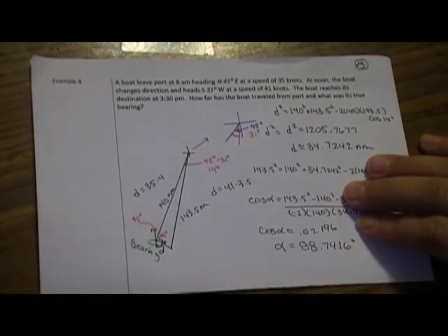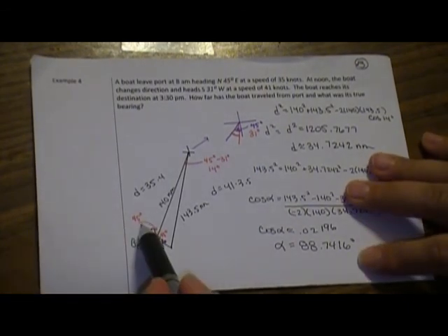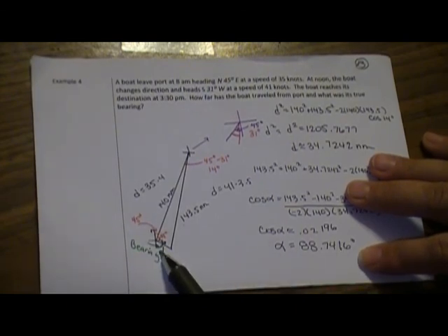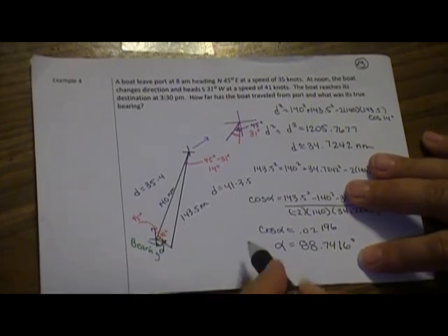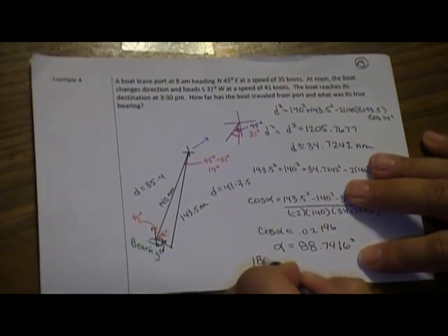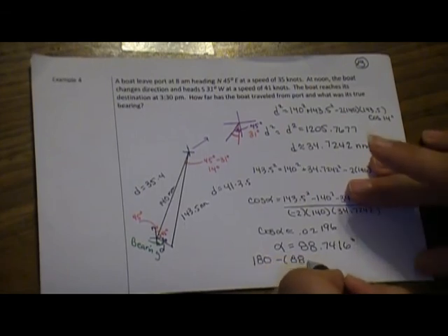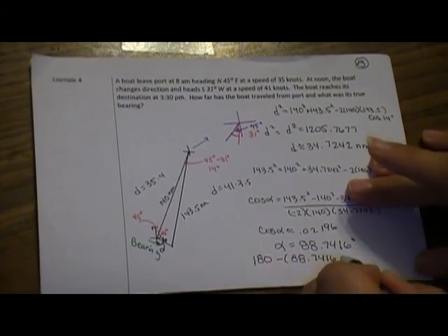So again, like I said, we could do a couple of things. I could add 45 to this and then take that from 180. That's going to give me what's left over. So let's do that. So I could say 180 minus the 88.7416 plus the 45 is going to give me my bearing.